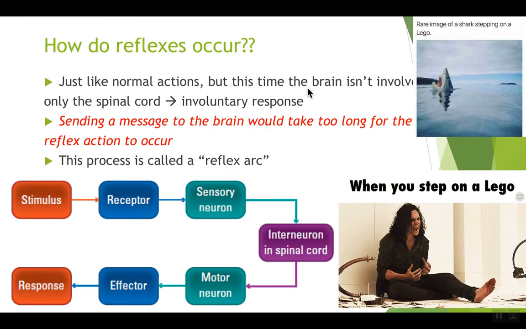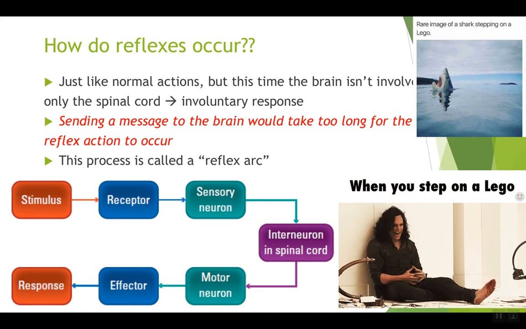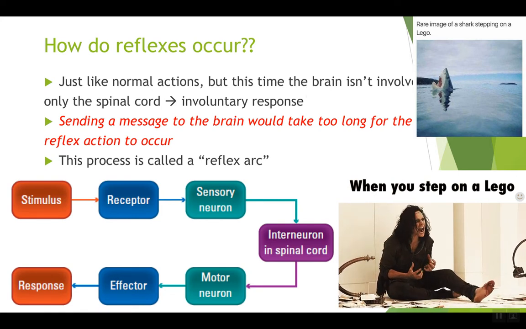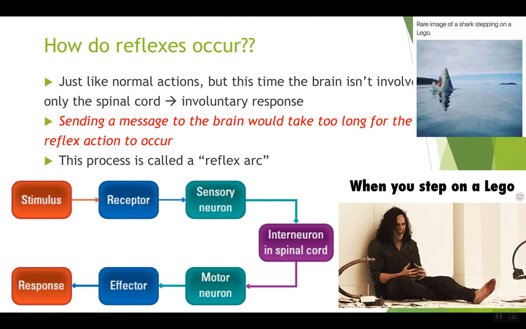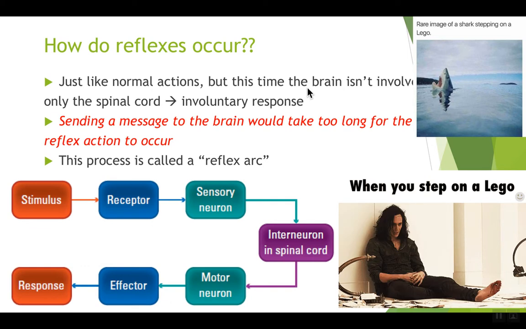Sometimes though your brain isn't involved. Sometimes it's just your spinal cord, and that's where we have an involuntary response. And we do that when it's something really important that you respond quickly to, and really it has to be a direct response. So it's a reflex arc. Okay? So we're still going stimulus through to response.